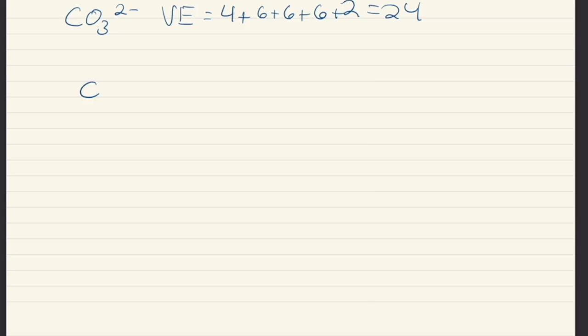We put carbon in the center. We create 3 single bonds to oxygen. We use 6 electrons. We're left with 18. We use lone pairs on the most electronegative, 6, 12, 18. With our lone pairs, that leaves us with no electrons left.